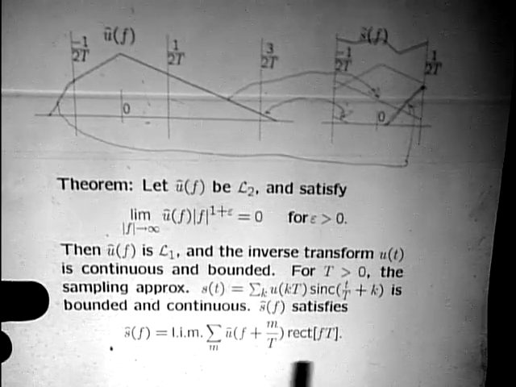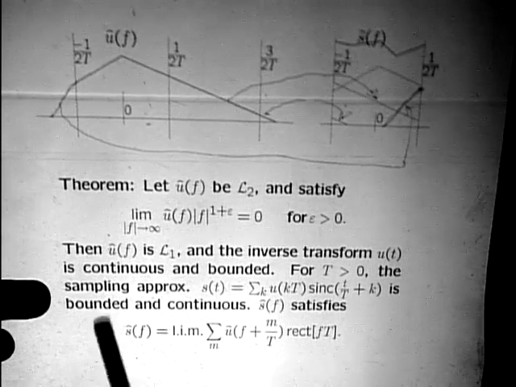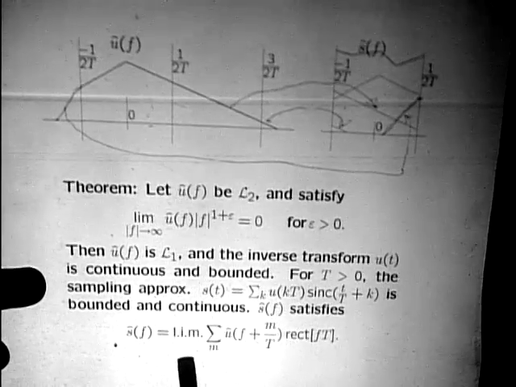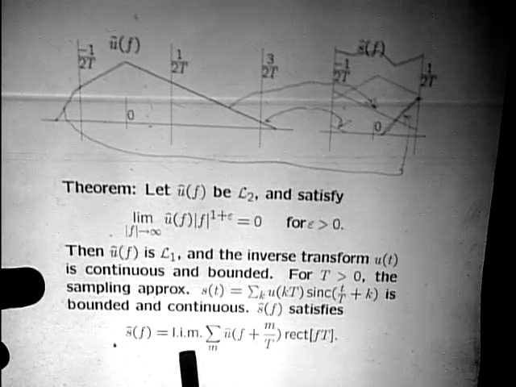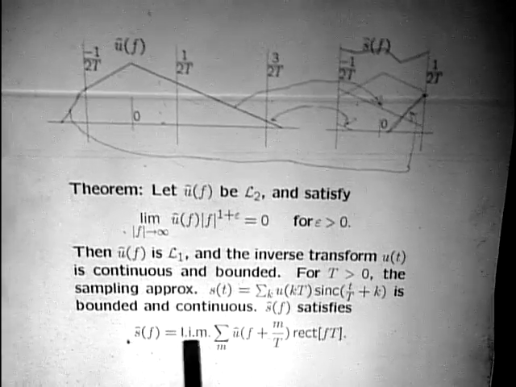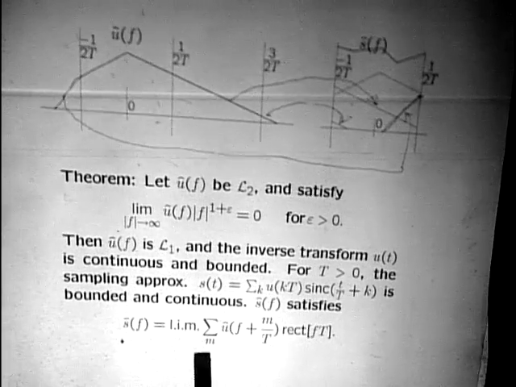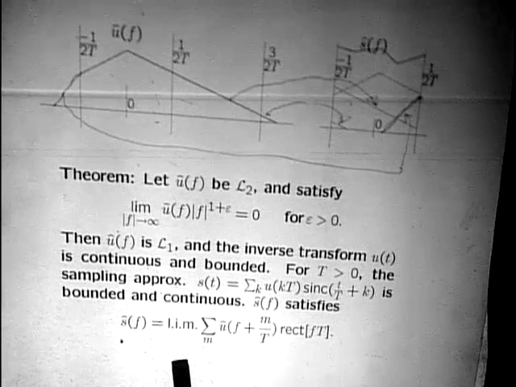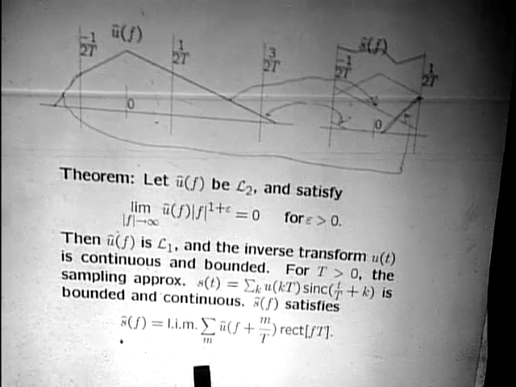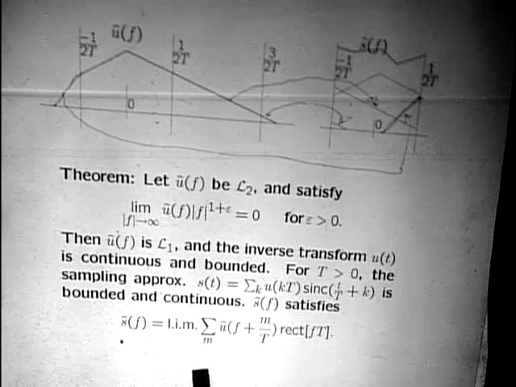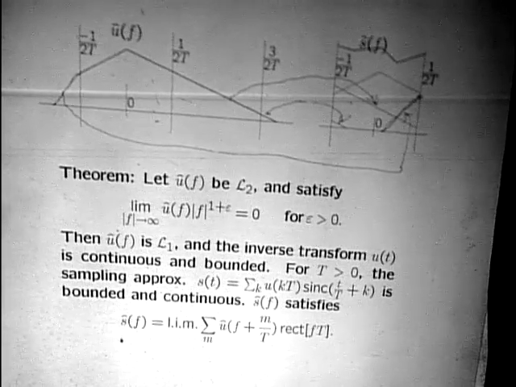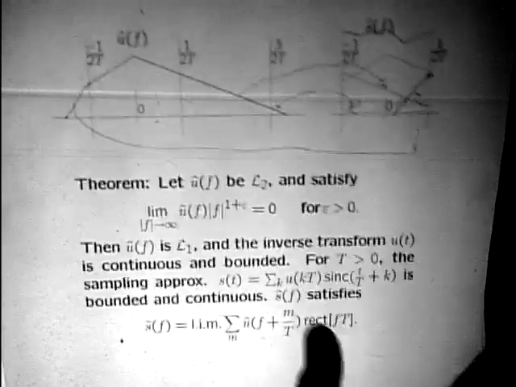And S hat of f satisfies this relationship here. So this is the frequency version of the aliasing formula. Here you still have the limit in the mean. As soon as you go back to frequencies, you can't say anything precise anymore. In time, everything is precise. These functions are bona fide functions. In terms of frequencies, they're not quite.